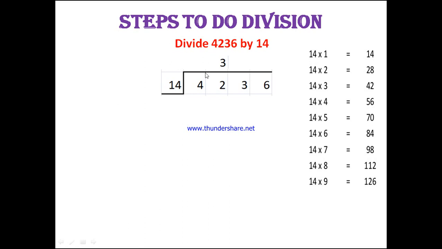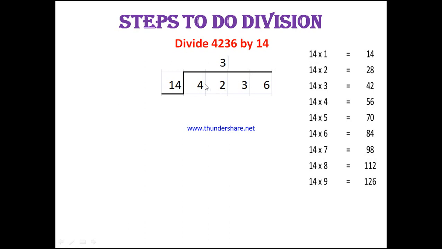Then we take the 2-digit number 42 and check in the product column. You must check only in the product column. 42 is available. How many times? 3 times. So first you write the times in the quotient place. Then what is the product? 42.